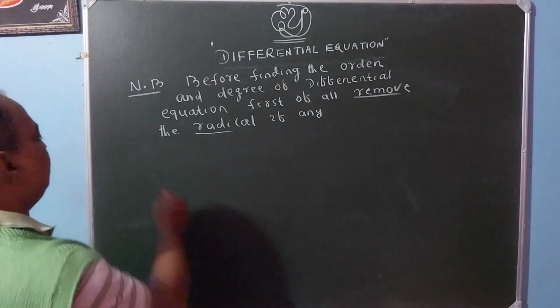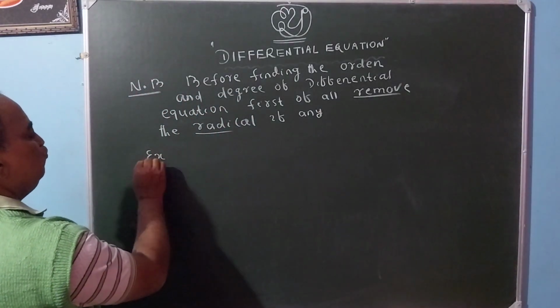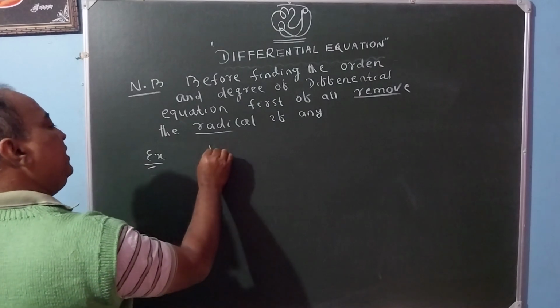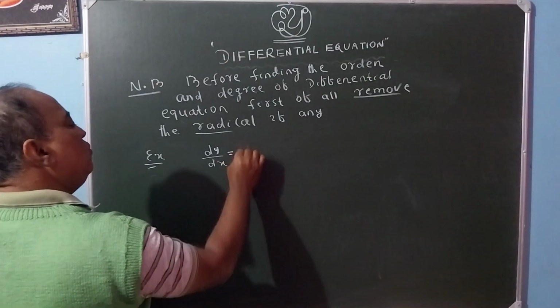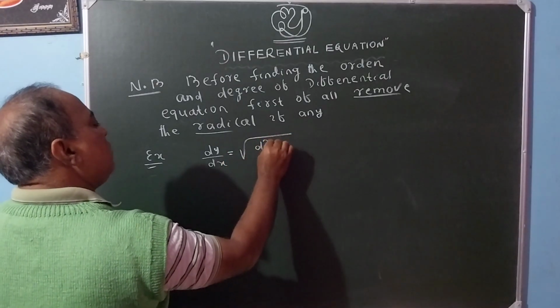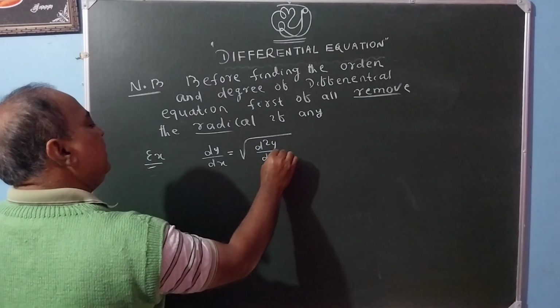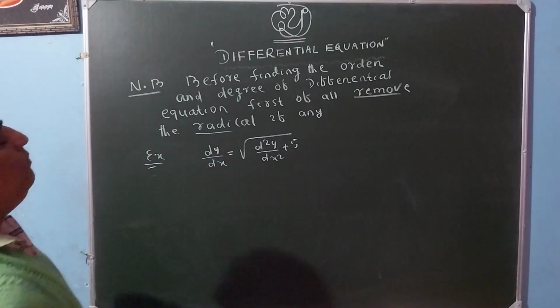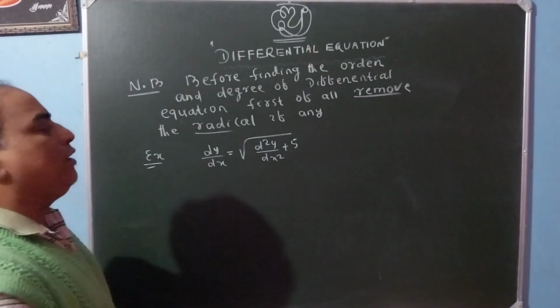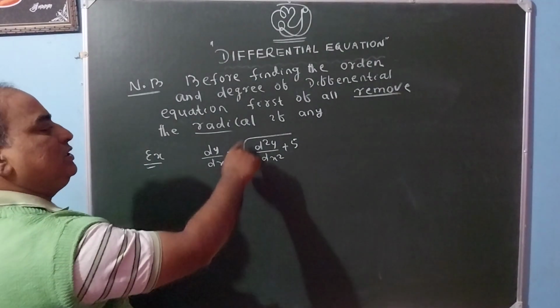So write down one example. dy/dx is equal to the square root of d square y/dx square plus 5. First of all you have to remove the radicals, here it is a square root.